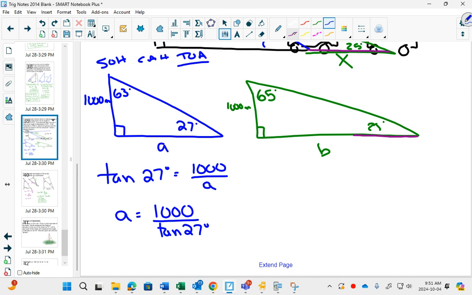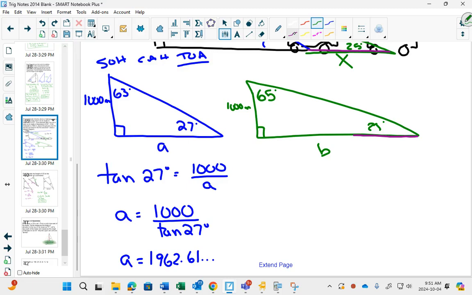Type this into our calculator. And we get A is equal to 1962.61.